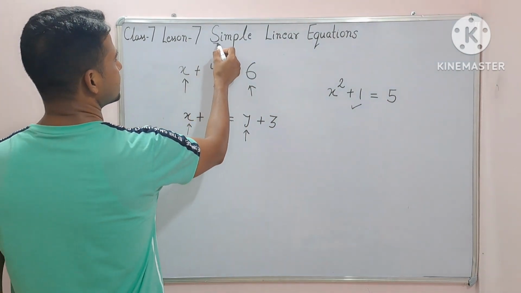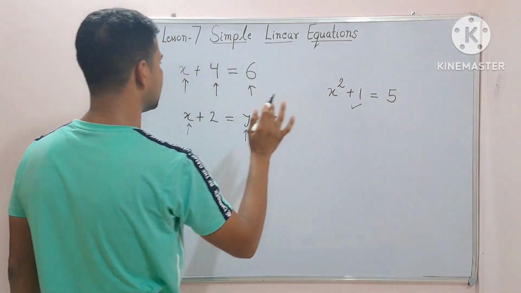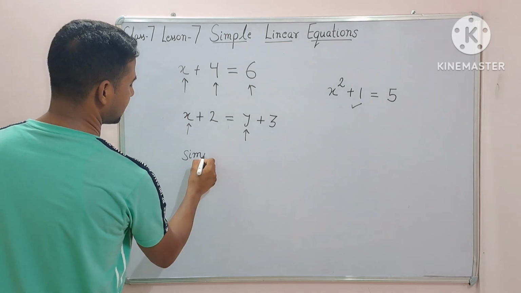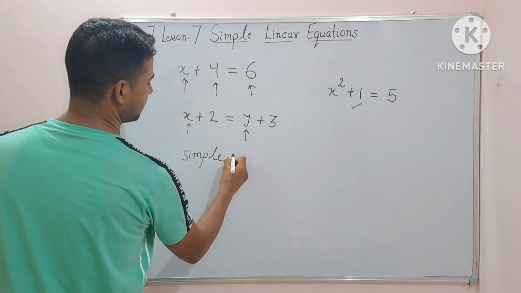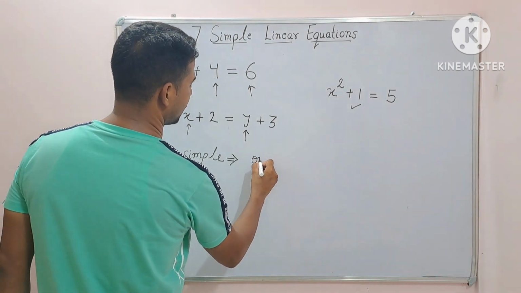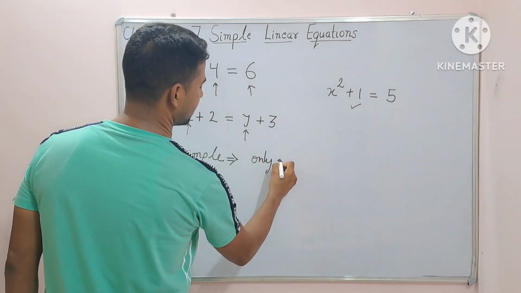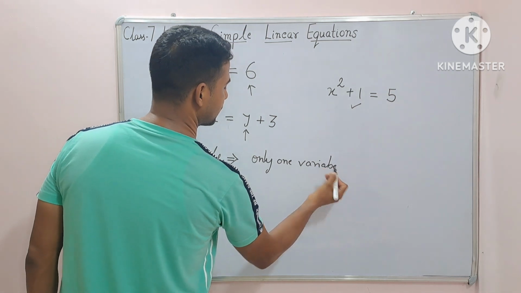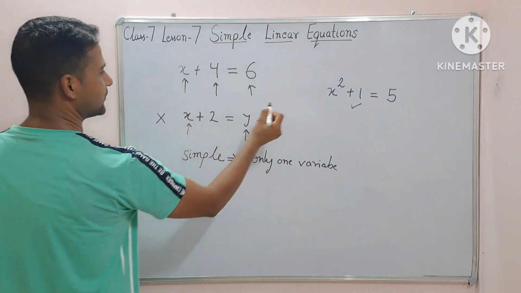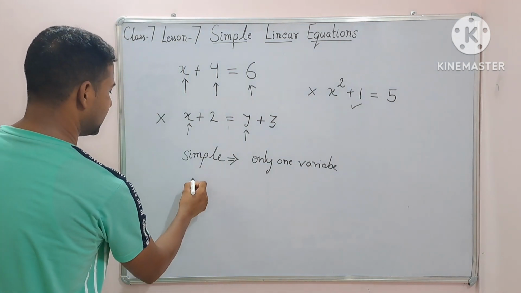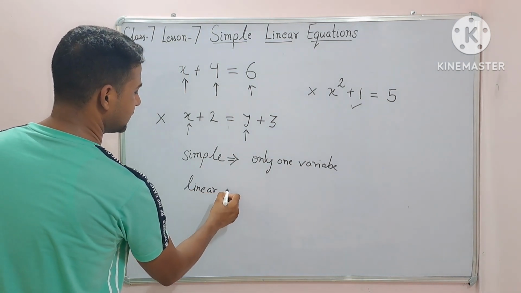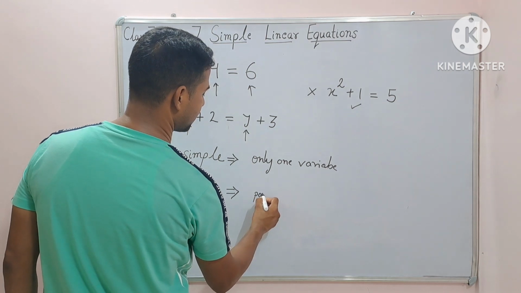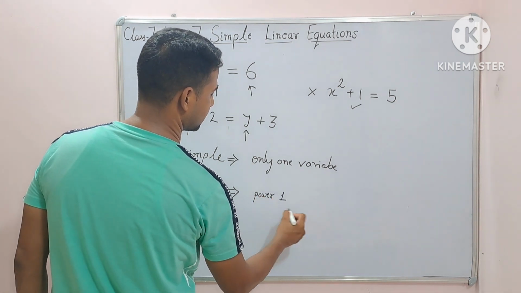But we are learning simple linear equations. When will an equation be simple? A simple equation is one that has only one variable. This is not simple. And when will an equation be linear? When the power of the variable is 1.